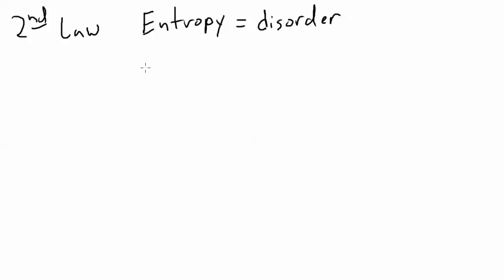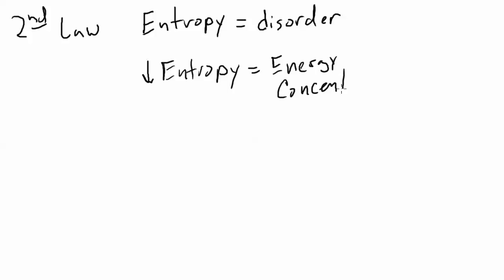So when matter has low entropy, then that means that the energy concentration is high. They're opposites. If you don't like to think in terms of concentration, you can think of usefulness.